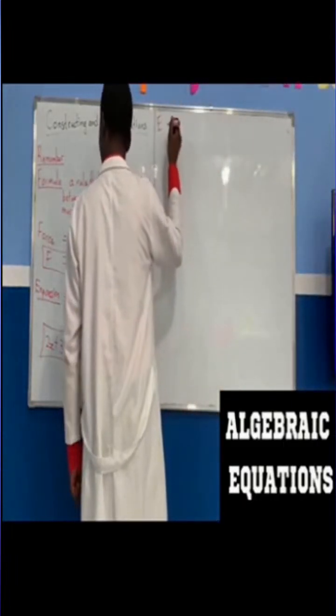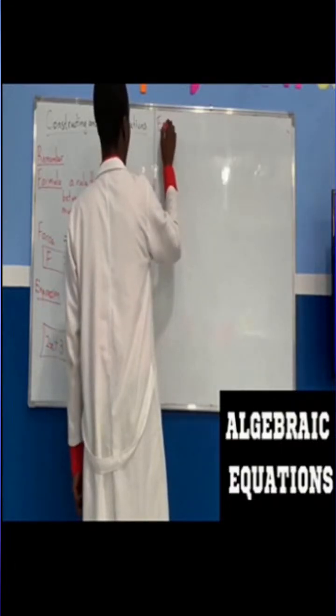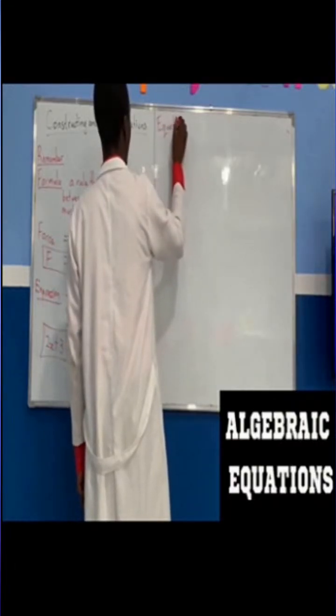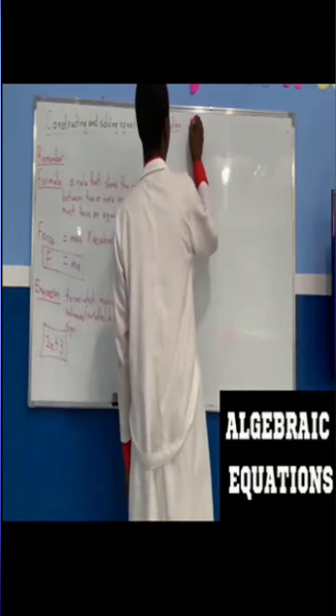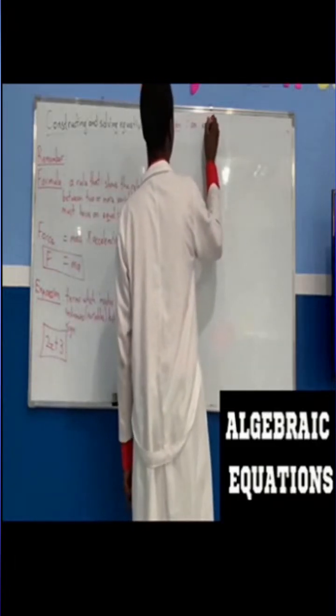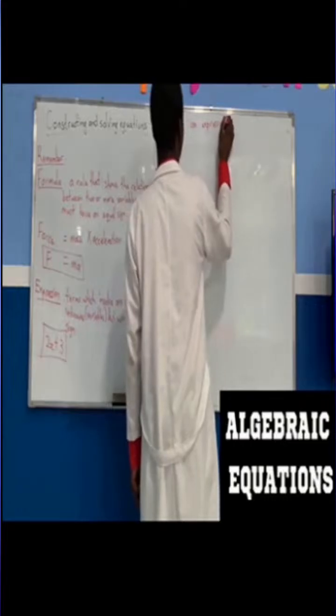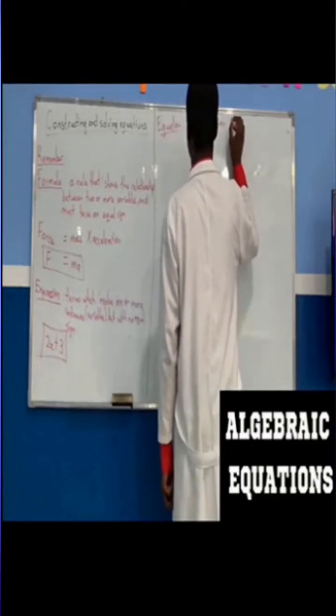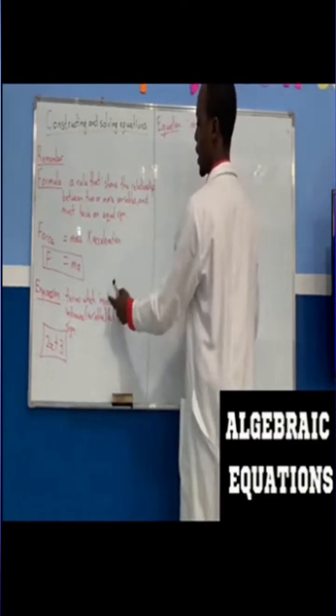When we talk about equations now, an equation is an expression that has one or more unknowns and also has an equal sign.